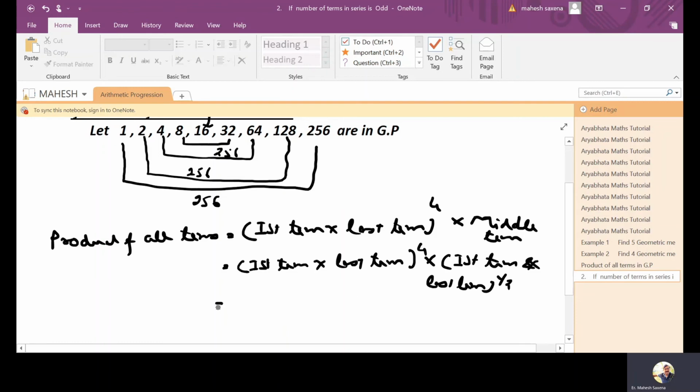Therefore, in this case, it will be first term into last term whole to the power 4 plus 1 upon 2.